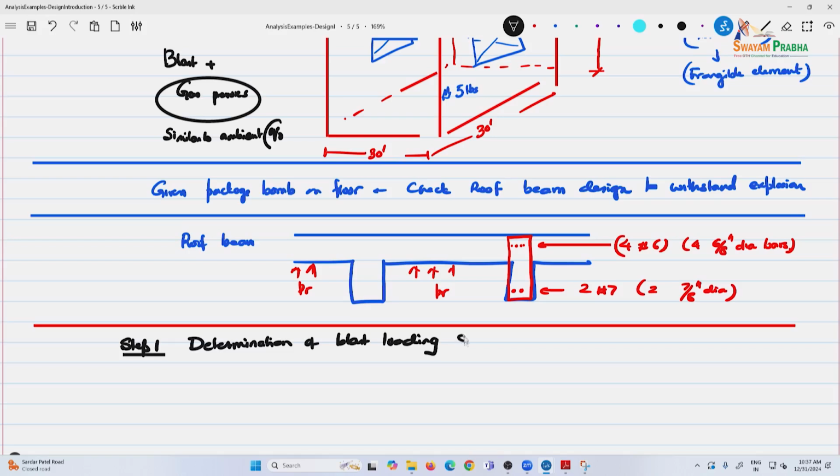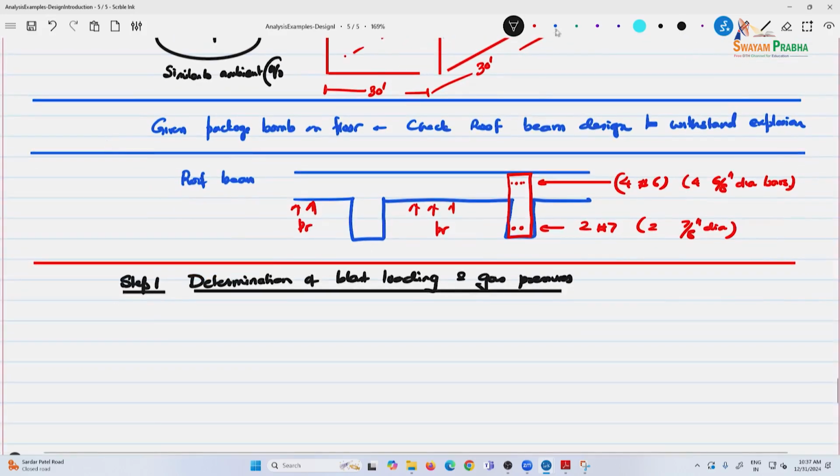So determine the blast loading and the gas pressures. It's going to be exactly the same.